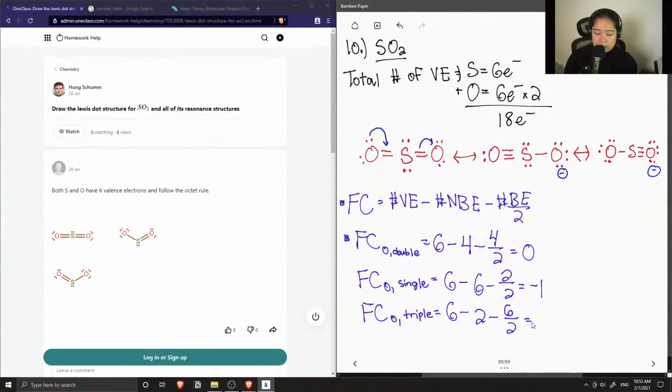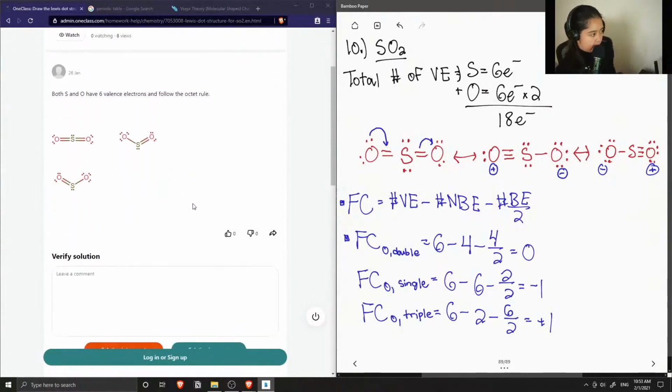So 6 minus 2 minus 3 is positive 1. So therefore, the oxygens with the triple bond would have a positive charge. So these are our different resonance structures for sulfur dioxide.